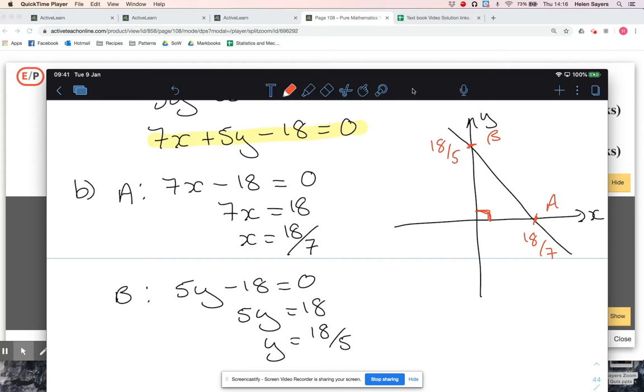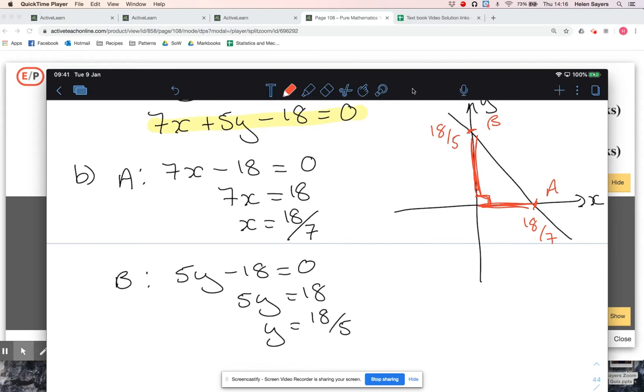Obviously, that's a right-angled triangle. So the base is 18 over 7, and the height is 18 over 5. So the area of that triangle is half times base times height. It's a mess to try that again. So let's try that.